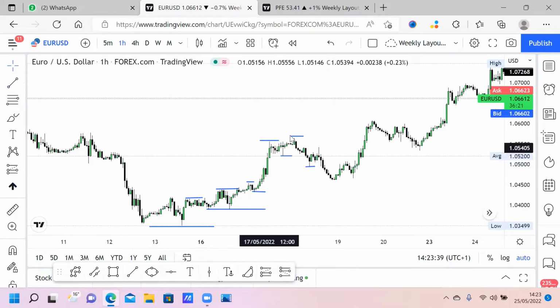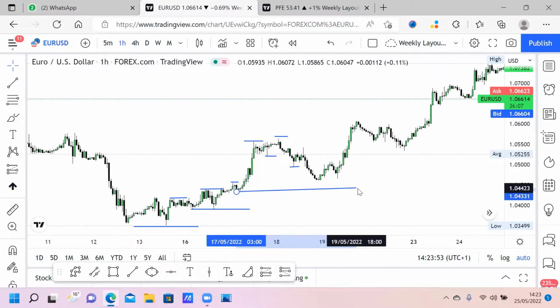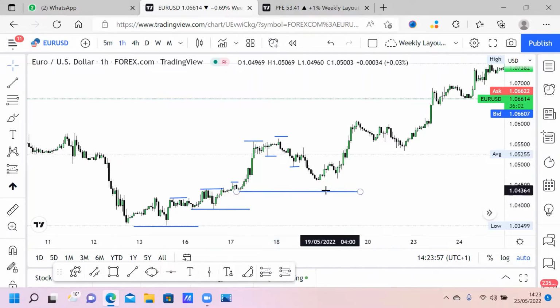This could indicate a reversal is going to happen, but at the same time you've got to look at where price really originated from. As long as it doesn't go below this low, the buy is still on.